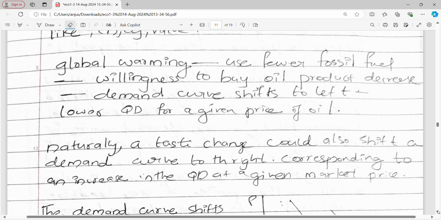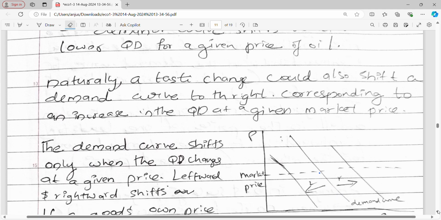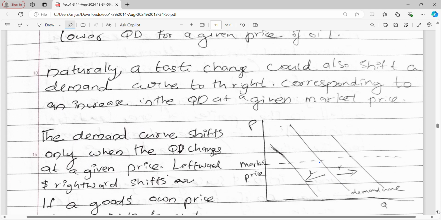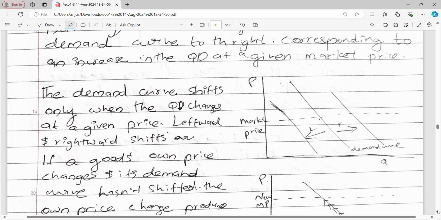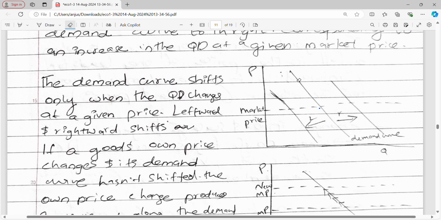Thus the demand curve shifts left, because the quantity demanded for oil at a given market price has decreased. This is the demand curve. Because of global warming, you are purchasing less oil compared to your current purchase, so the demand curve decreased. And vice versa also happens if a particular company manufactures a car at a very low cost.